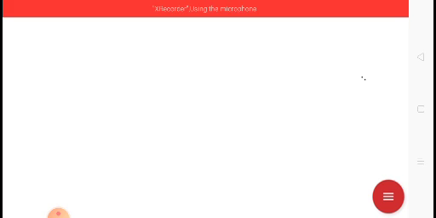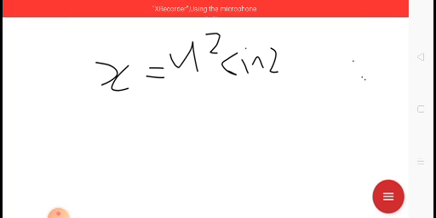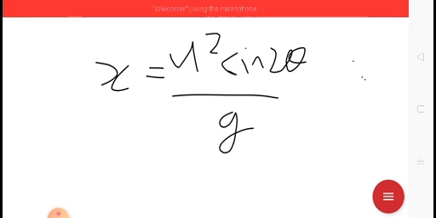Okay, so how are you going to do this question? Although you can use the equations of motion for projectile, it's quicker to use the range formula directly, which is given by x equal to u square sine 2 theta over g.